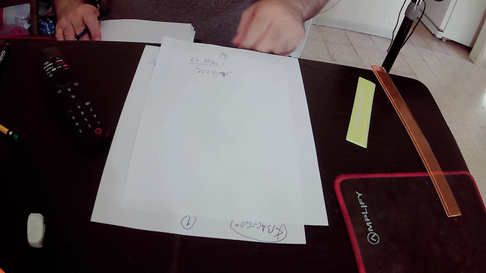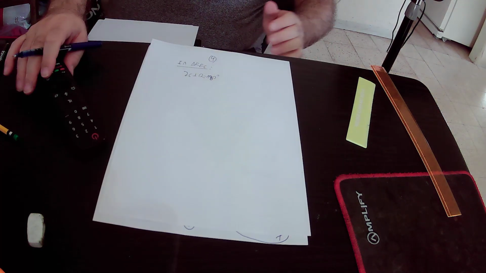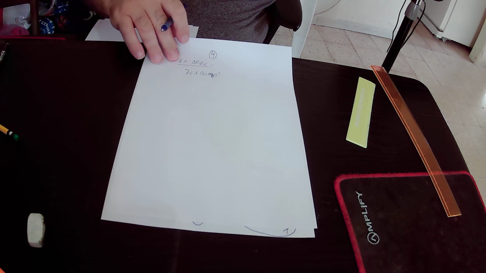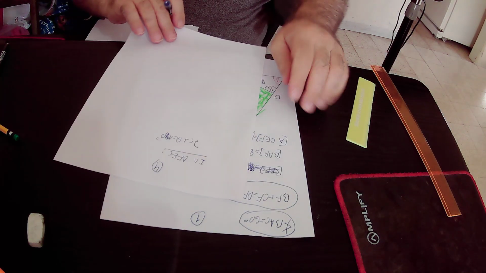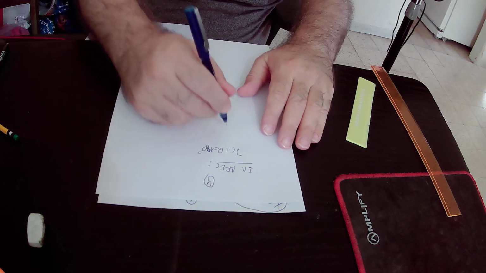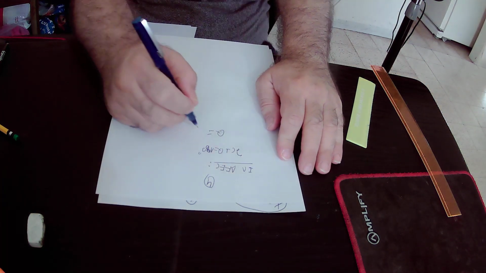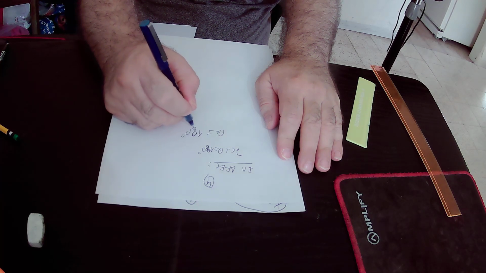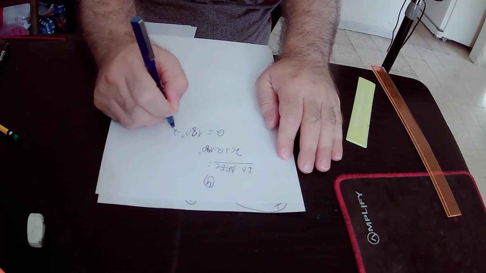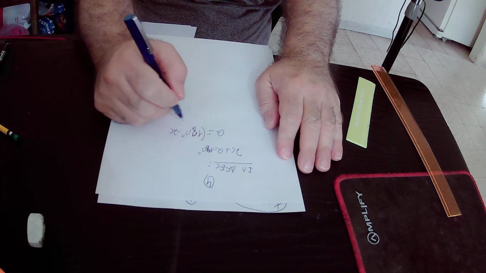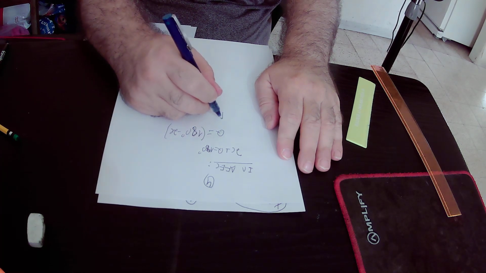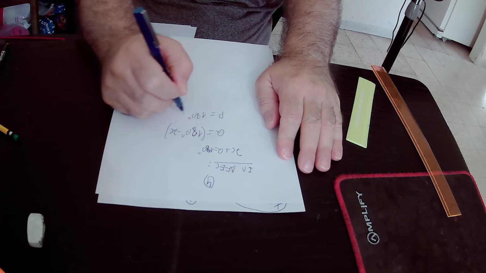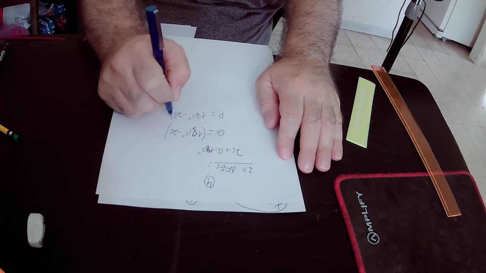Here we will subtract 2C from this equality, and we will get that Q equals 180 degrees minus 2C, and we also found out that P equals 180 degrees minus 2B.